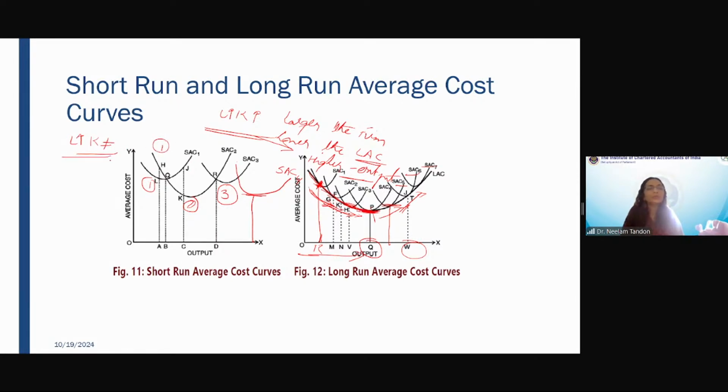In plant 2, you increase labor and you increase capital in plant 2. As you move from plant 1 to plant 2. From plant 2 to 3, you further add labor. But if you're in plant A situation or in plant 2, then this will be the situation. Okay. So this is short-term and long-term average cost curves.